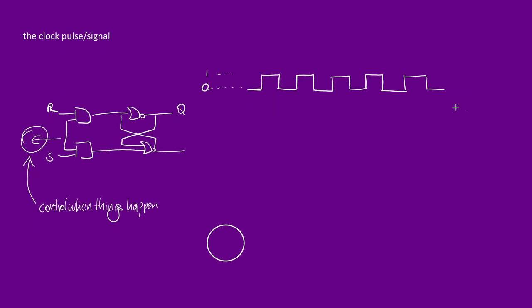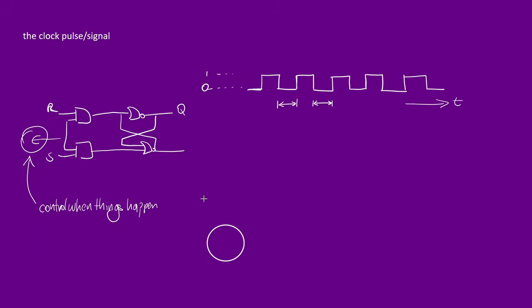This is going to go on forever, for a very long time as you increase in time. So that's the idea of the clock pulse. As time increases, you go from 0 to 1, 0 to 1, 0 to 1. And the advantage of this is that the time space between these is always going to be uniform.